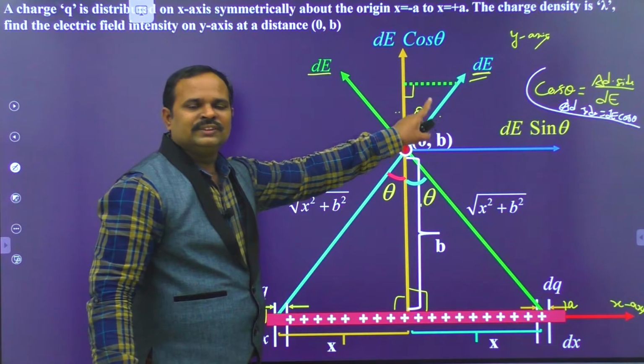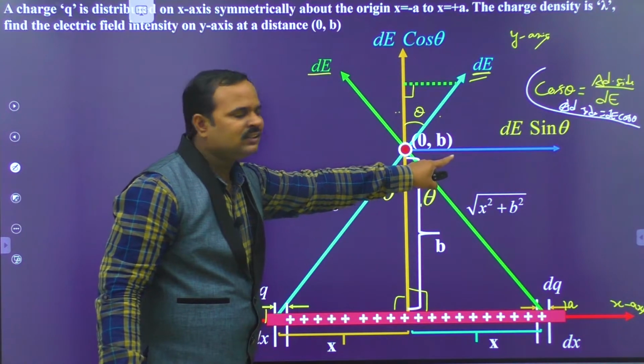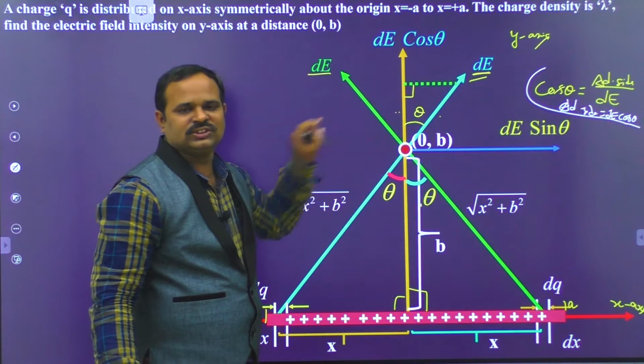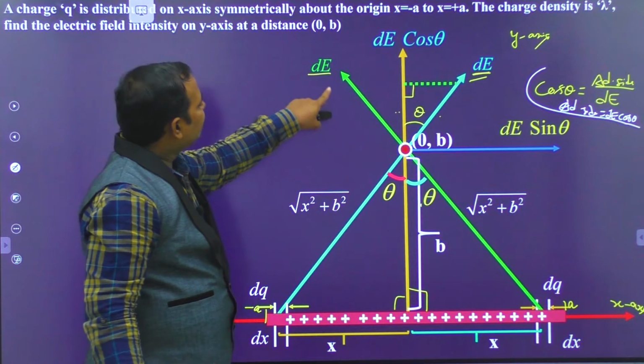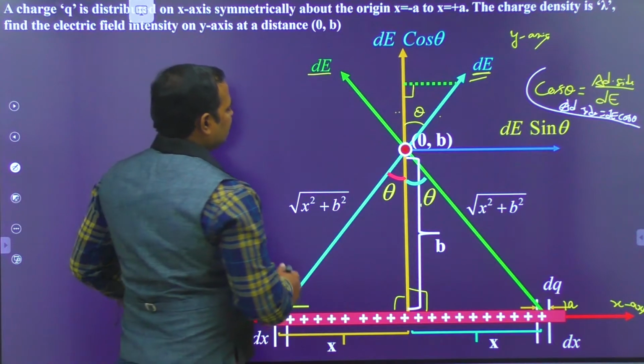So now this electric field is resolved into dE sin theta on the horizontal side, and on the vertical side dE cos theta. Similarly, we can resolve this electric field into vertical and horizontal components in this way.